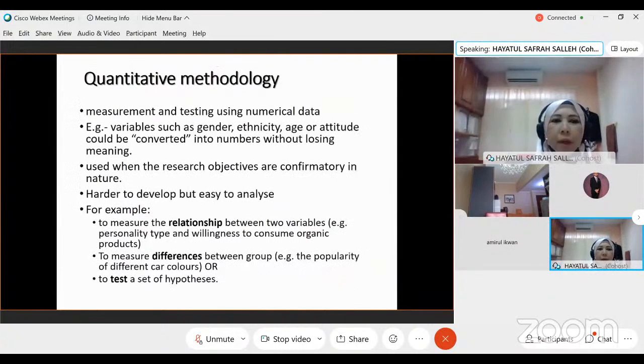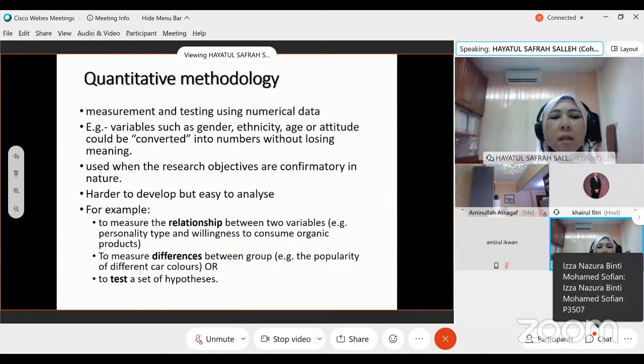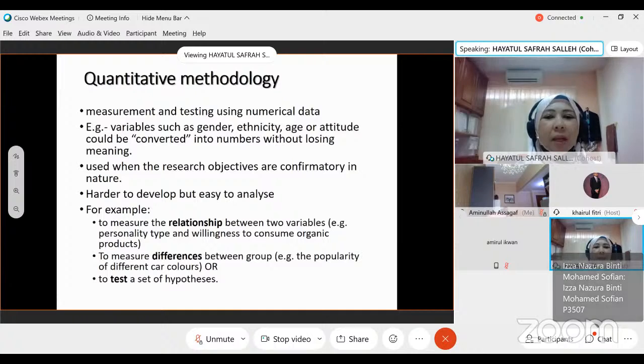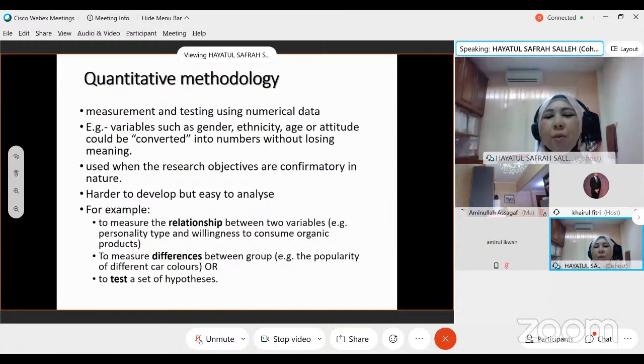Okay, now we are looking at the quantitative methodology. As I explained earlier, quantitative methods is about measurement and testing using numerical data, which we can translate from what we are going to study.